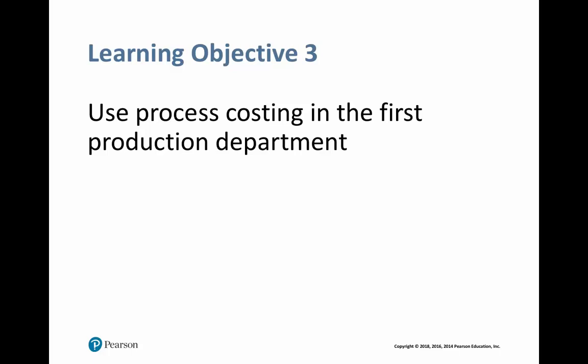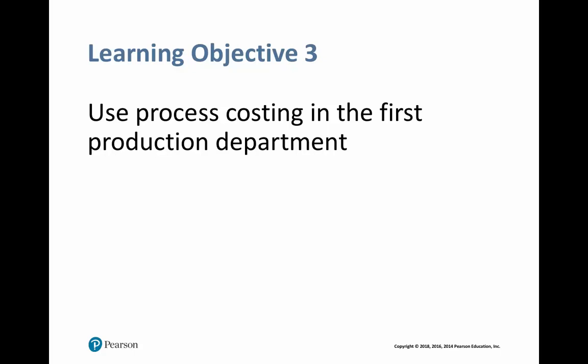All right. So learning objective 3, we're going to use process costing in the first production department. If we think about our manufacturing, we have stage 1, stage 2, stage 3, which are our different production departments. The rules and how you account for stage 1 slightly differ from stage 2 and beyond, but it's basically the same principle.